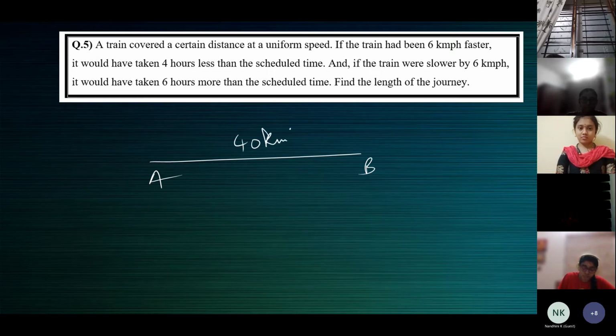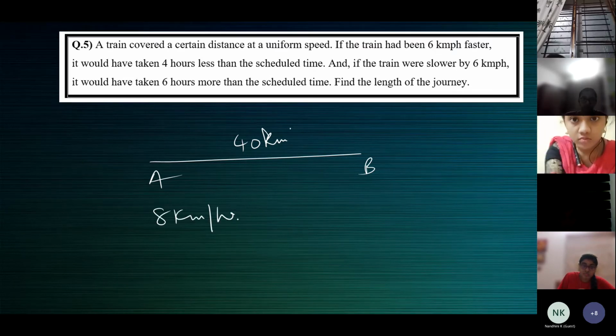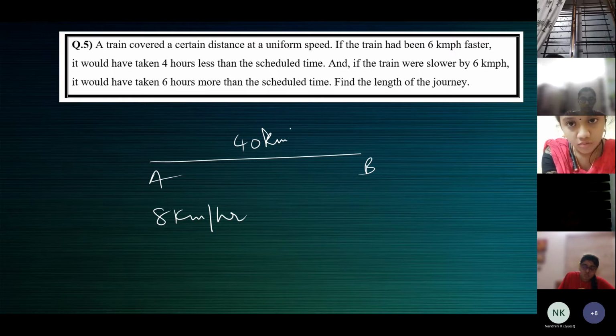If a person travels at the speed of 8 kilometers per hour, how long will the person take to cover 40 kilometers? 5 hours, ma'am.